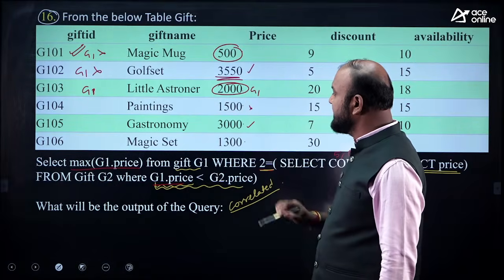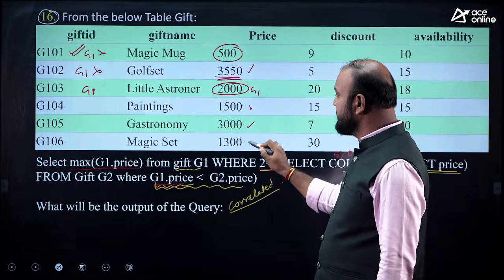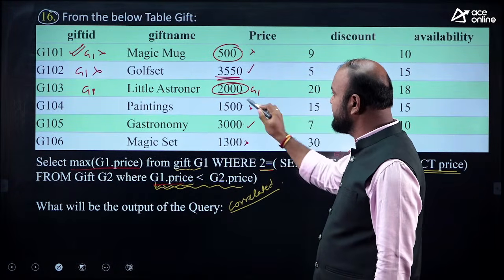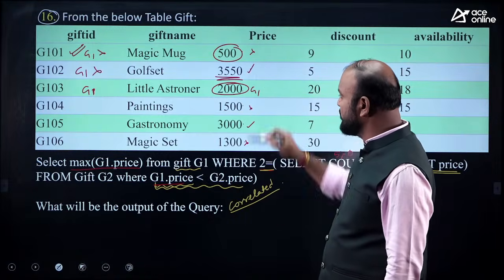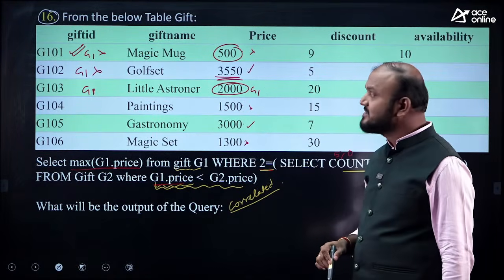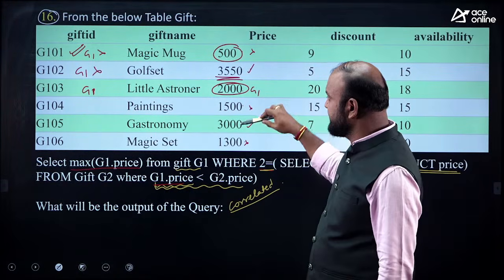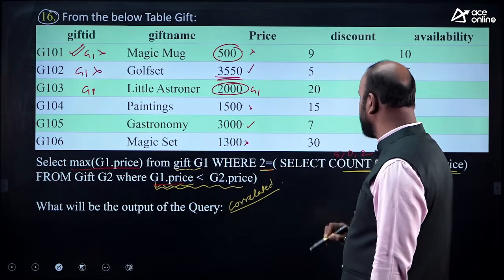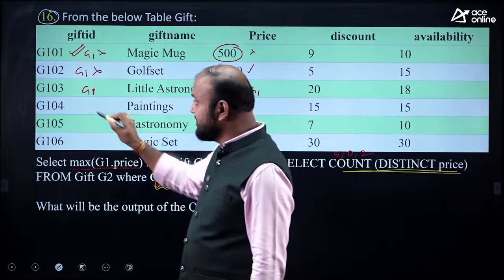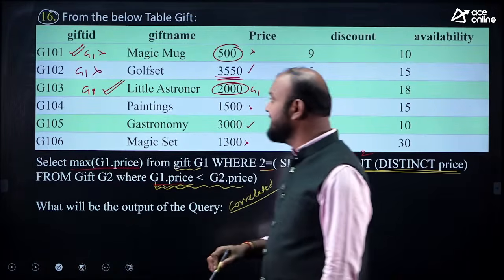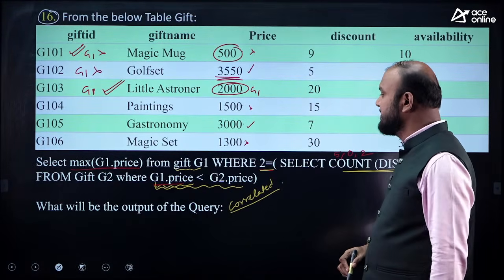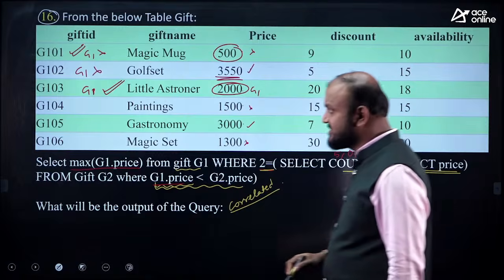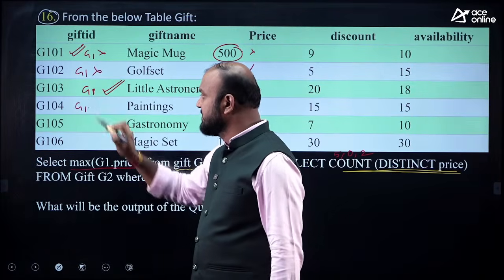But 1300, false. So the count is 2. 2000 is less than 2 more prices, so the count it will give is 2. This means this gift, the little astronaut, is going to be selected. Next, assuming this is gift G1.